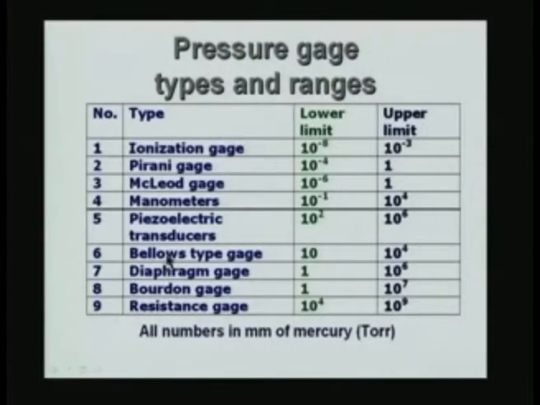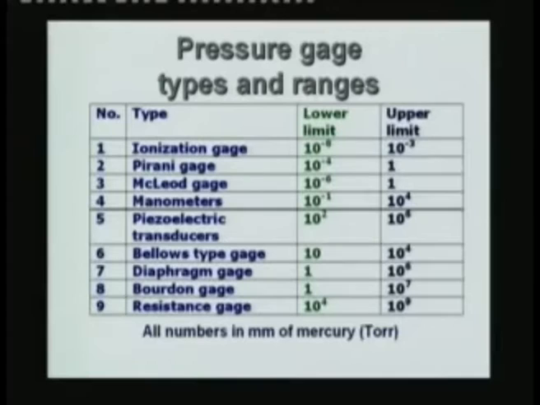Diaphragm gauge: in fact, the bellows and the diaphragm gauge are basically similar, because both of them work on the principle that the pressure is converted to a displacement. The way it is done is slightly different. In the case of a diaphragm gauge, we have a diaphragm which is a circular membrane. The pressure difference acts across the two sides, and the membrane is going to undergo a change in shape. This change in shape is in terms of a displacement, and the displacement can be measured either directly as a displacement, or it can be converted to an electrical signal by making it part of a capacitance.